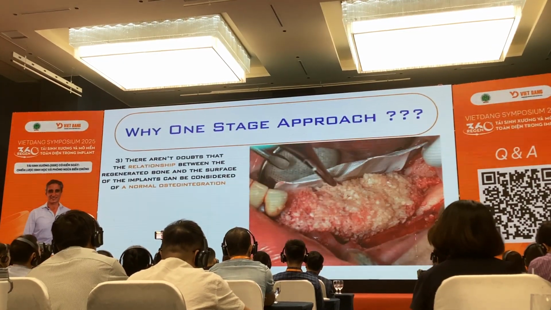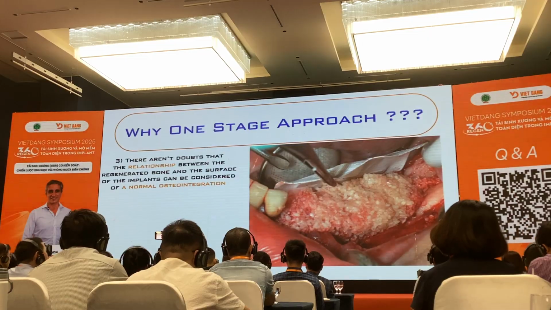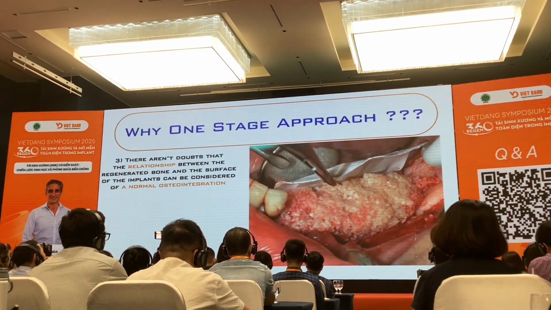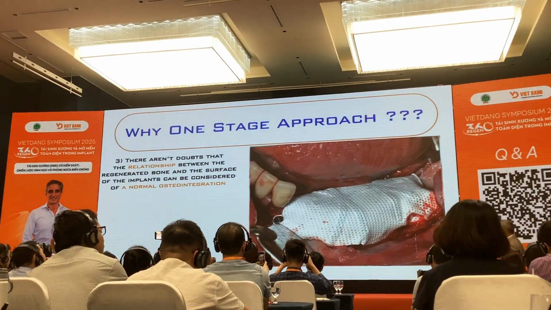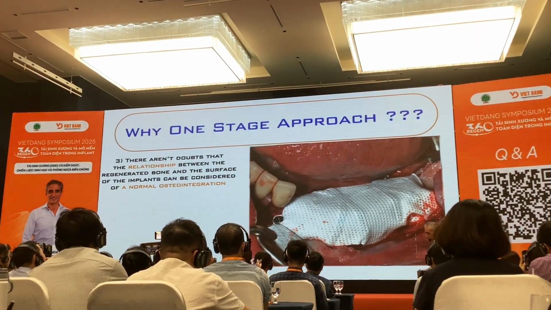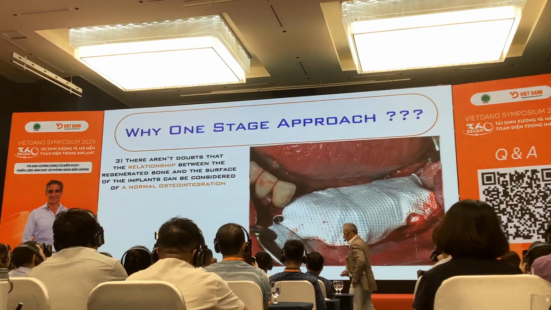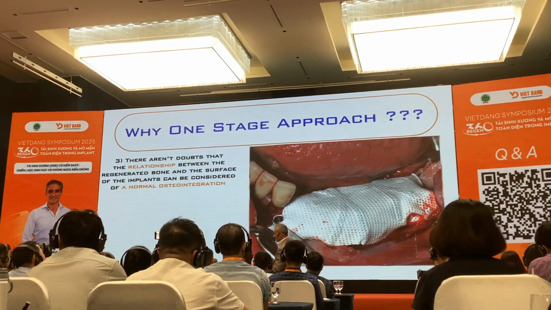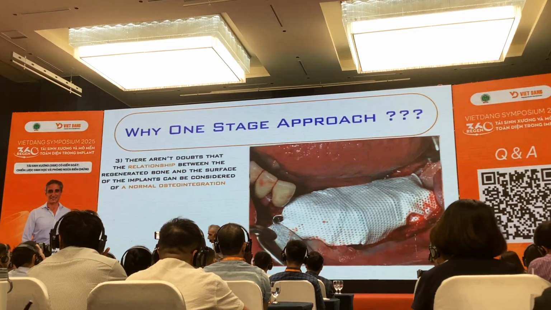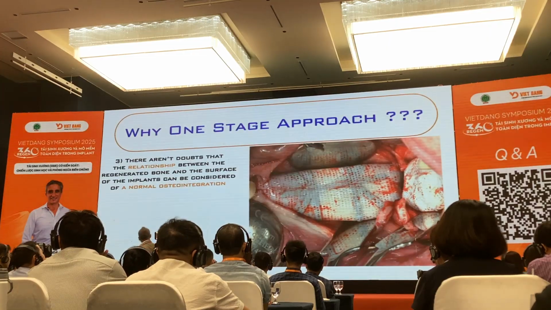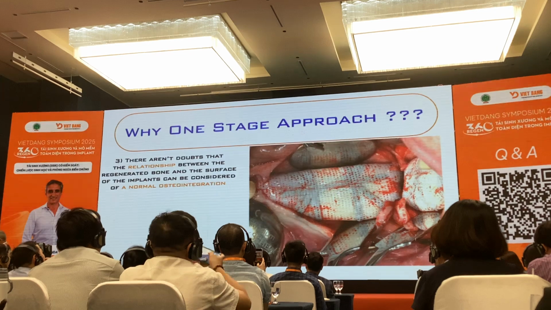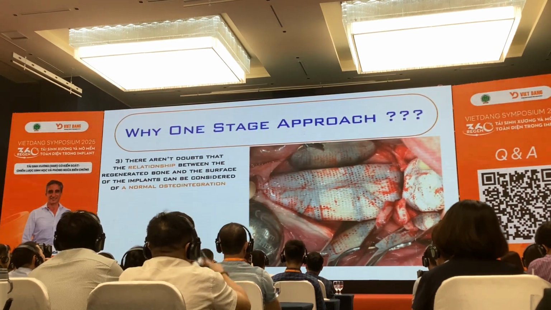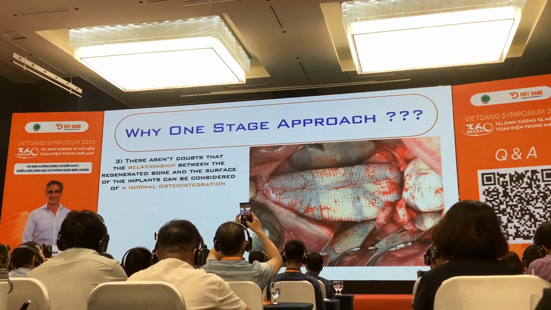Then I grafted the biomaterial, a mix of autogenous bone plus xenograft material. I close the membrane over the top of the biomaterial and fix the membrane on the lingual side. Everything has been done correctly. Then I waited for the maturation of the bone, and it arrived at the time of membrane removal.